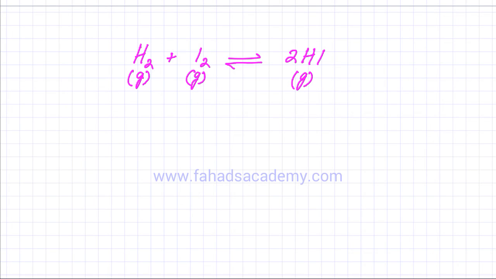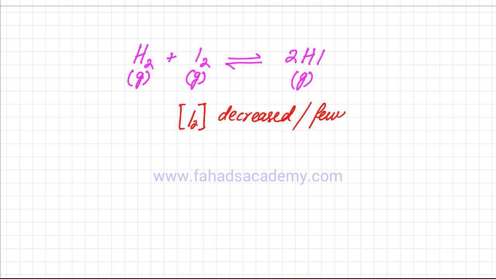Now vice versa, let's change the concentration of some other substance. Let's say I decrease the concentration of I2. So if I decrease the concentration of I2, there will be fewer particles of I2 per unit volume.